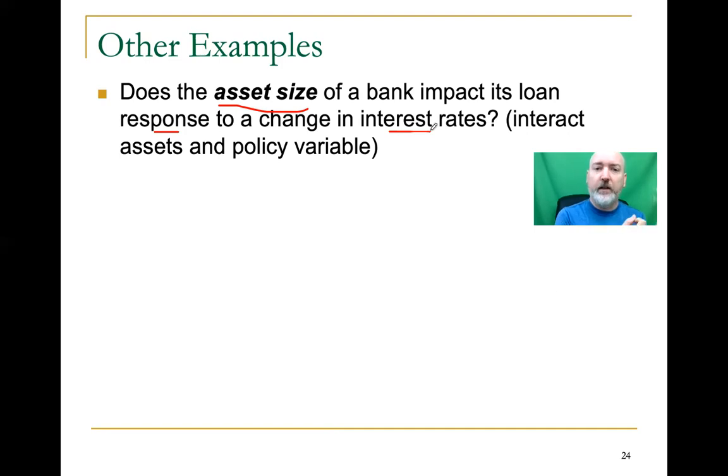So we're not saying that asset size might directly affect the proportion of lending, but it does affect the reaction to, say, monetary policy through interest rates. So the interaction is going to be between assets and the interest rate variable or the policy variable. So being able to identify which variables are direct and which ones are indirect.